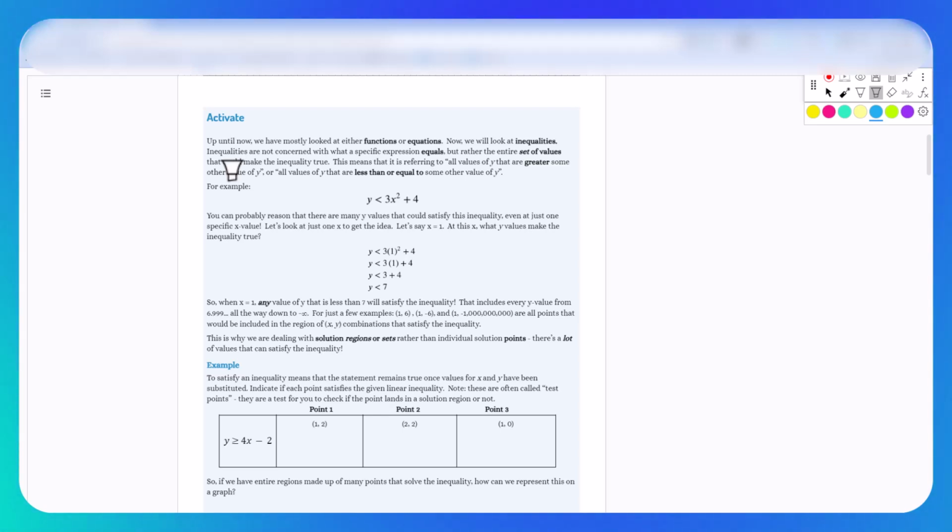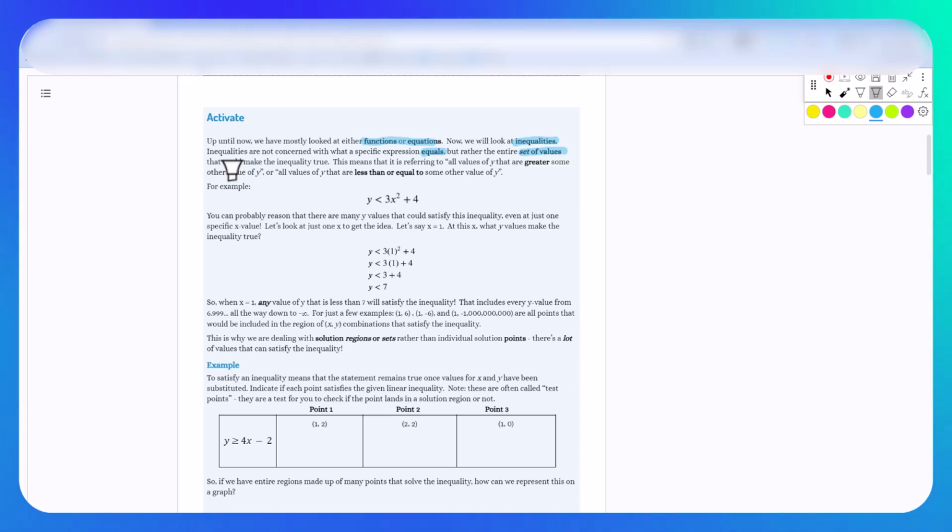So up until now, we have mostly looked at functions or equations. Now we are going to be looking at inequalities. Inequalities are not concerned with a specific expression that equals, but rather an entire set of values that could make the inequality true.